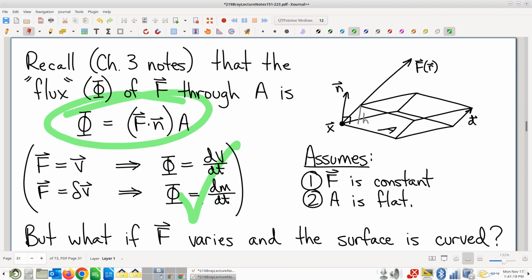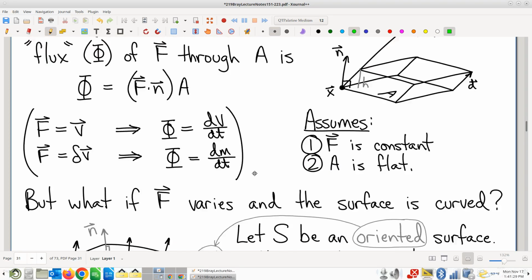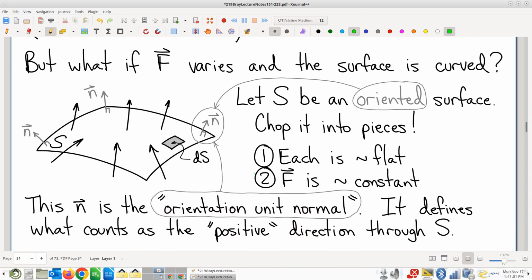But our formula depends on certain assumptions, namely that the vector field is constant and that the surface is flat. So what we talked about is how to generalize that to a non-constant vector field and a non-flat surface. And we came up with this pretty reasonable idea of chopping it up into a bunch of little pieces, and arguing that the flux through the whole is the sum of the fluxes through the parts.